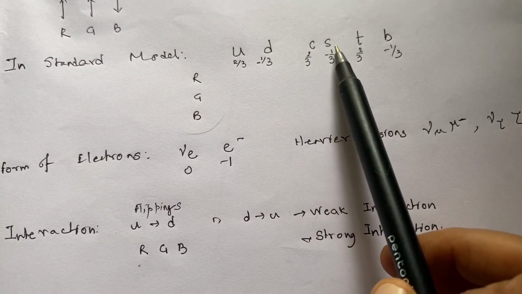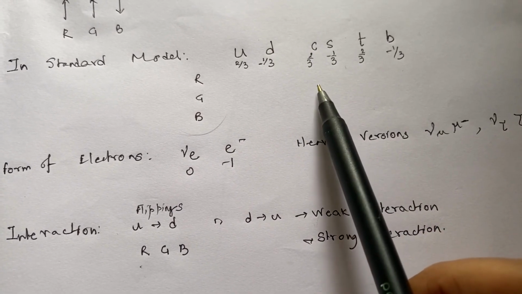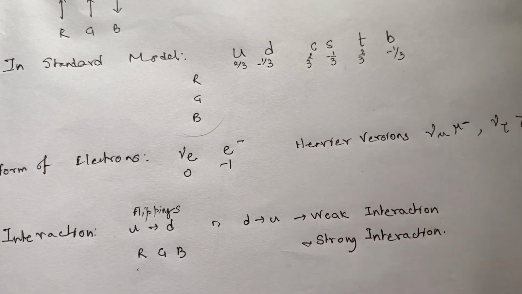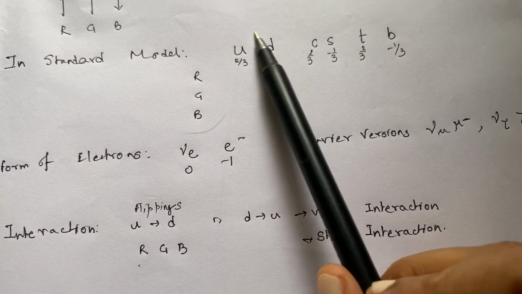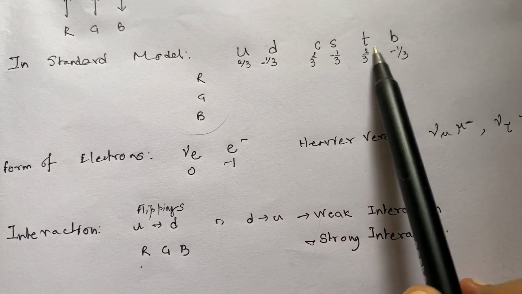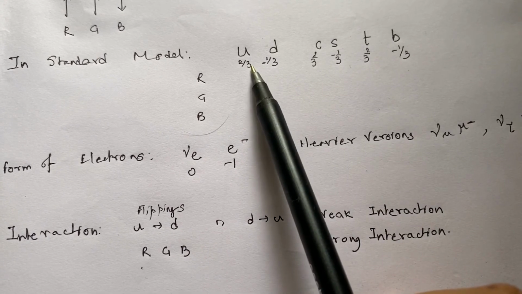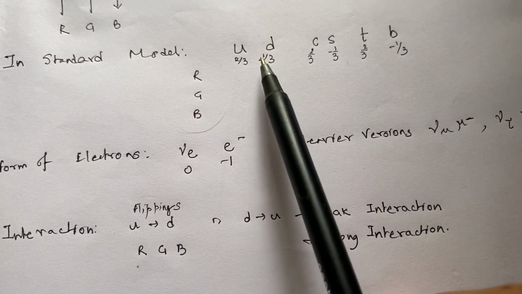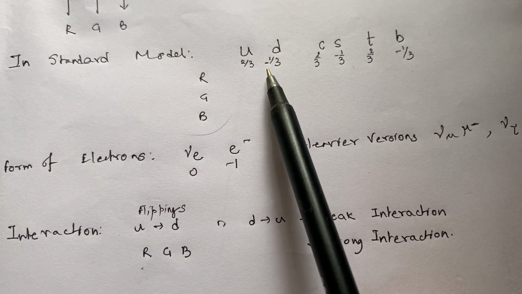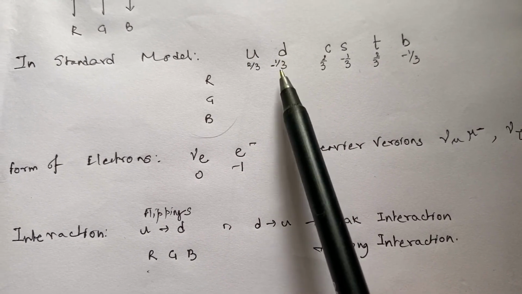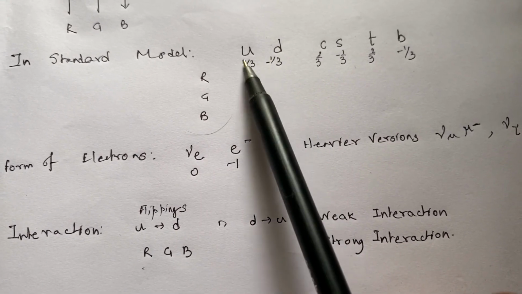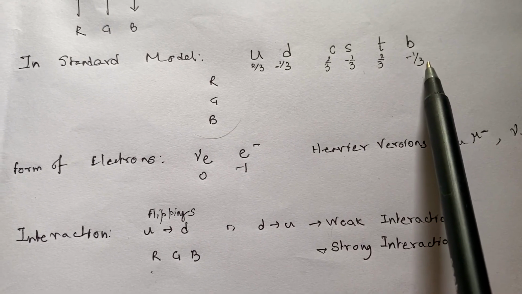Similarly, charm and strange will also have charges of 2/3 and minus 1/3. The philosophy is that in each pair, up-down, charm-strange or top-bottom, the difference between the two quarks gives a charge difference of 1. That is the basic fundamental philosophy inside these quarks.